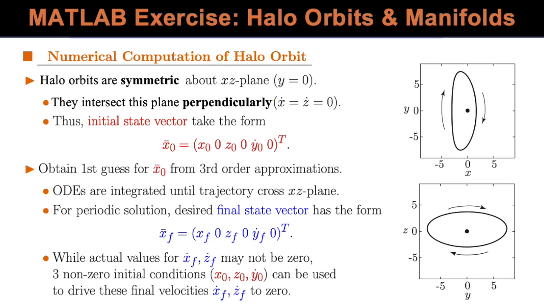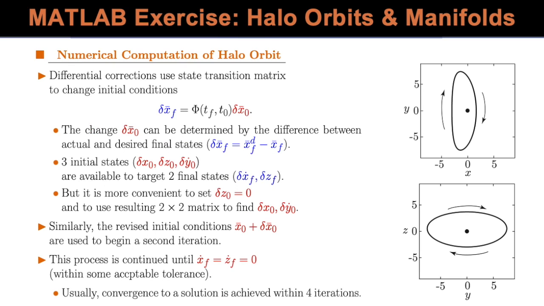So the x and z velocities are not going to be zero, and we want to drive them to zero. We drive them to zero using differential correction. As a simplification, we also set the initial z value so that it doesn't change. Then there's a 2x2 submatrix that comes from the full 6x6 matrix that we use to find the initial changes to x and the y velocity to get that perpendicular crossing within some tolerance.